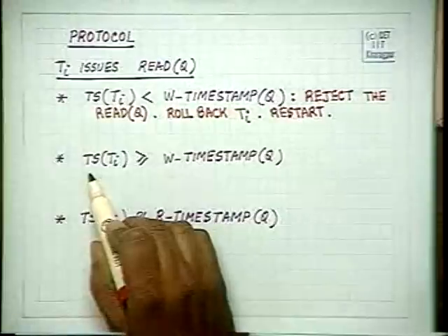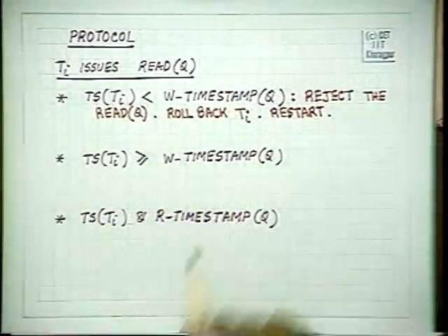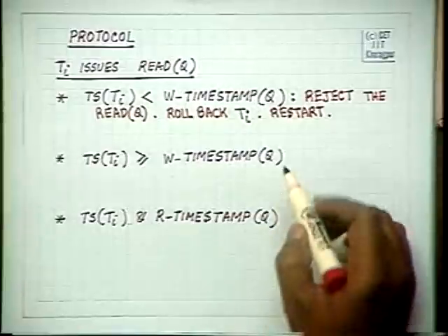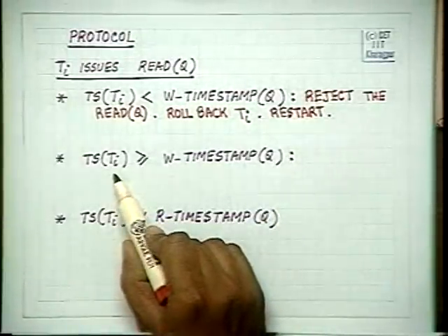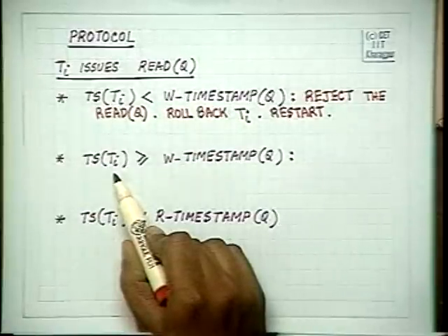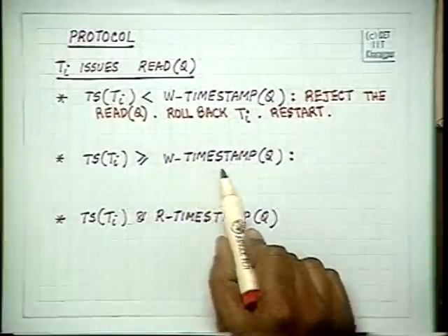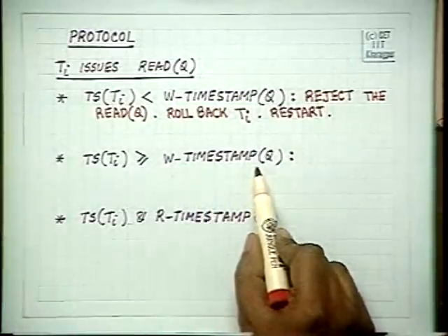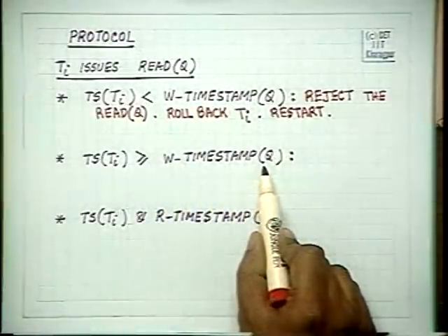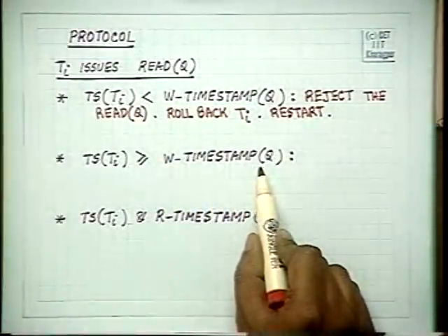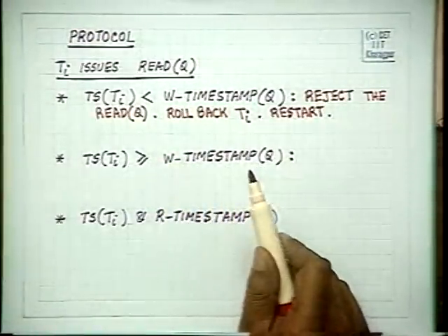What happens if TS(Ti) is greater than W-timestamp(Q)? Then it is fine, because this transaction is going to read a data item which has been written by some other transaction Tj, and W-timestamp(Q) is the TS of Tj. So, TS of Tj means that Tj must have started before Ti.